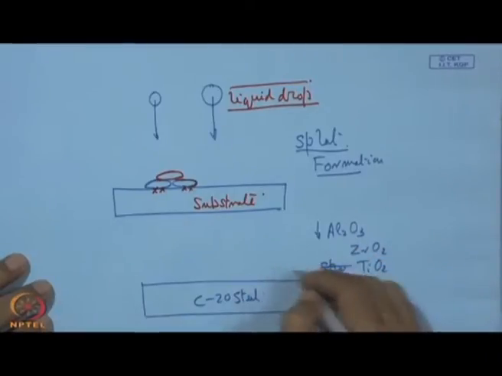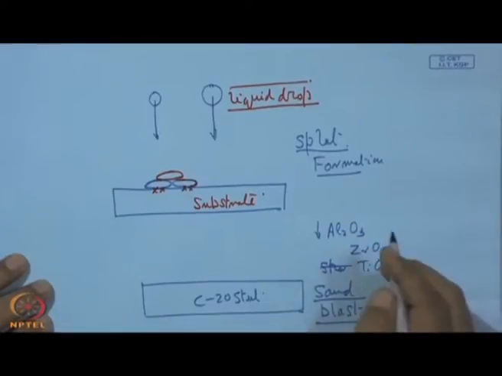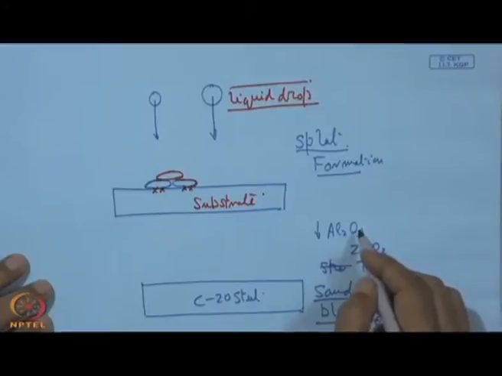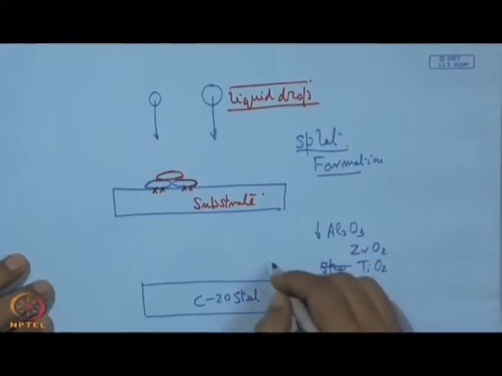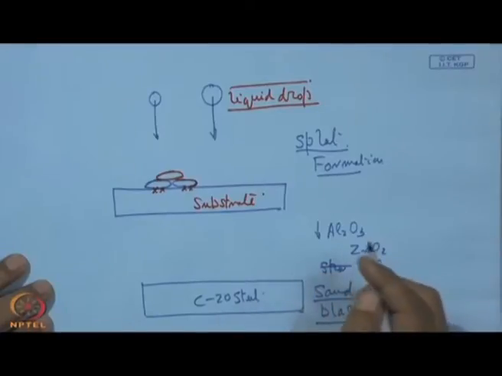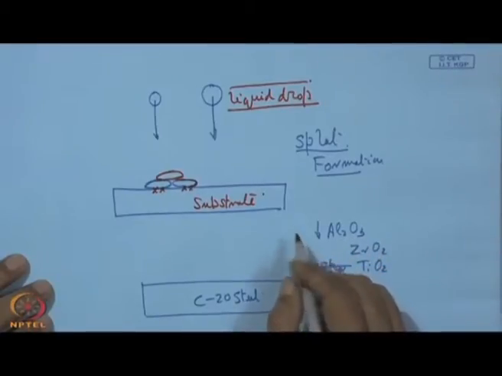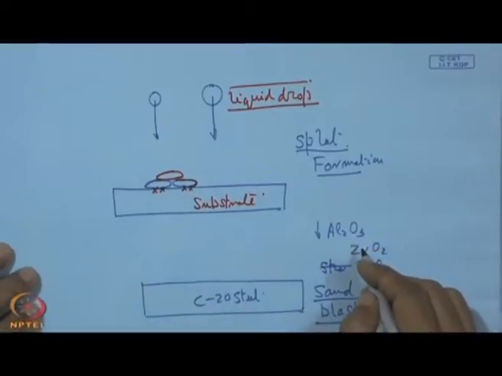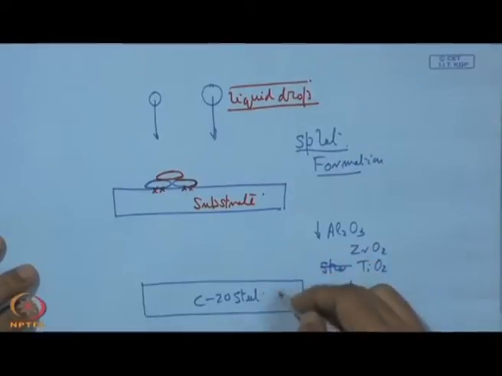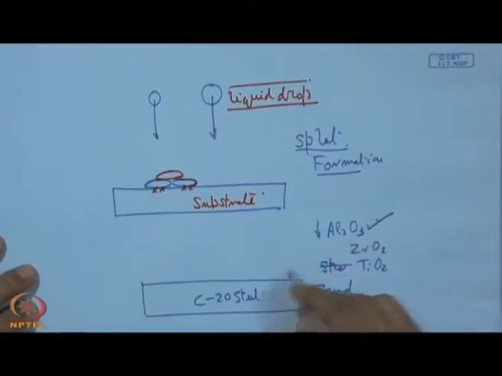This material is inert towards this surface, and it may so happen that the material may bounce back and may not get attached. So, in this case, though it is moving with high velocity, the sticking coefficient is very poor because of the inertness of this ceramic against this metal.